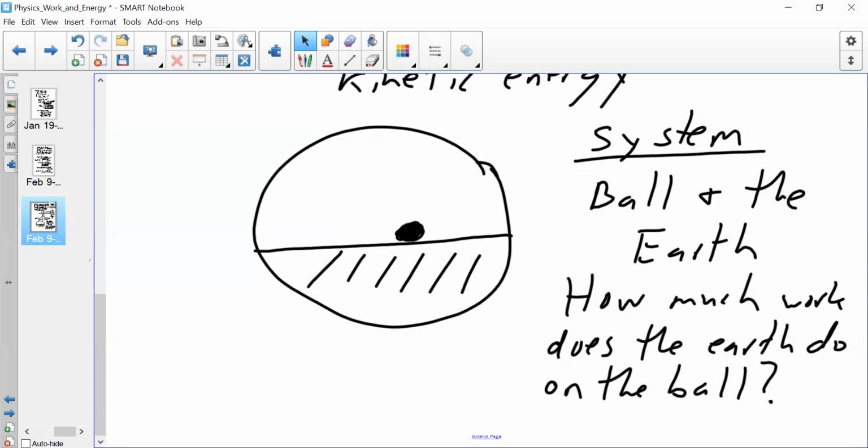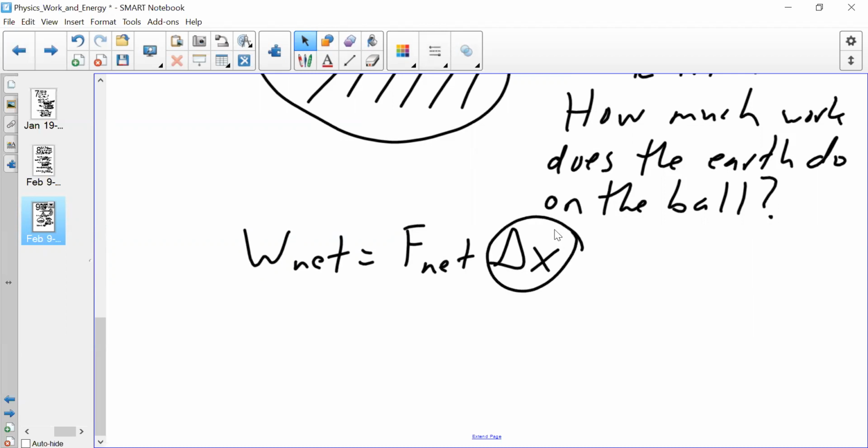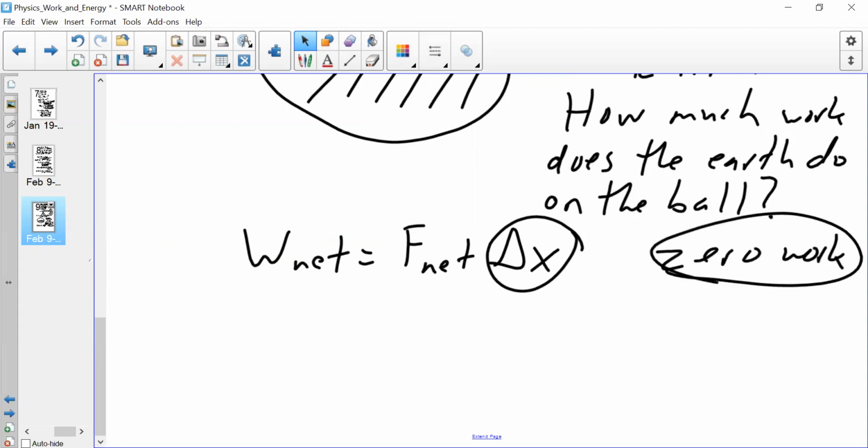Remember, work involves force and a displacement. F net delta x. Even though, as you said, Miles, the force of gravity is there, there is no displacement, so therefore there's no work. So there's zero work in this case.